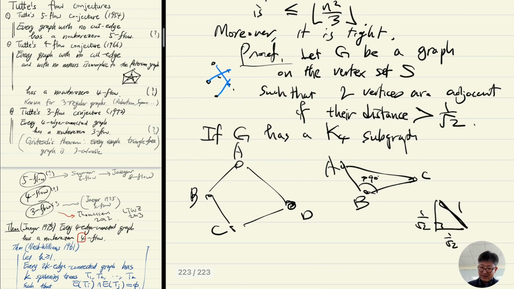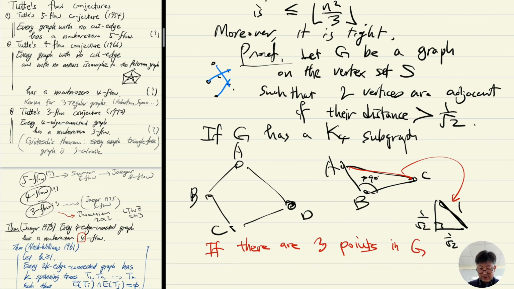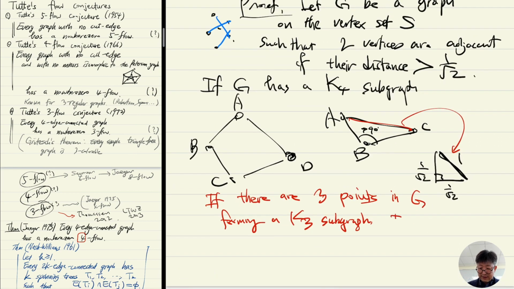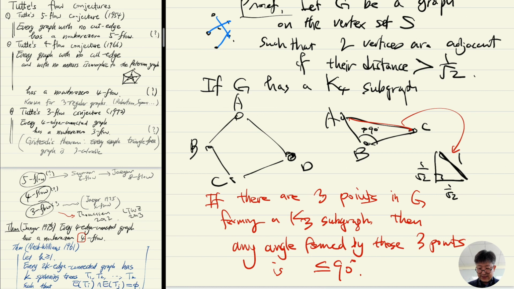And if the angle is bigger than 90 degrees, this length will be longer than that. So if there are 3 points in G forming a K3 subgraph, then any angle formed by those 3 points is at most 90 degrees.